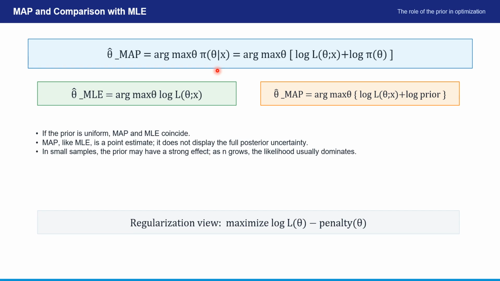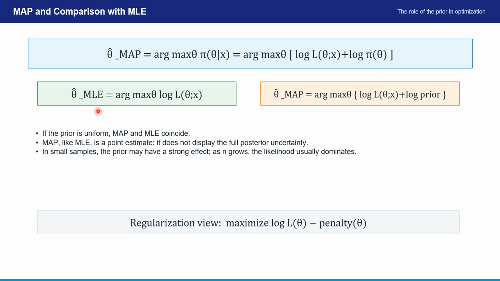Since the denominator of the posterior does not depend on theta, this is the same as maximizing log likelihood plus log prior. So theta hat MAP equals argmax of log L of theta plus log pi of theta.